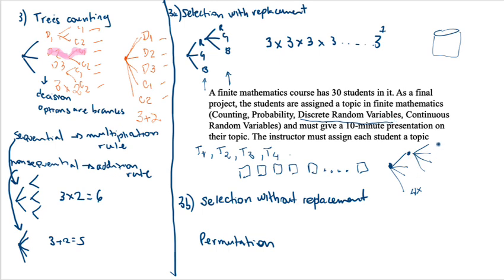So if you continue this branching tree, you would have a particular path that will be theme 1, theme 1, theme 1, and going on 30 times. That's a possibility that all 30 students chose the same theme.